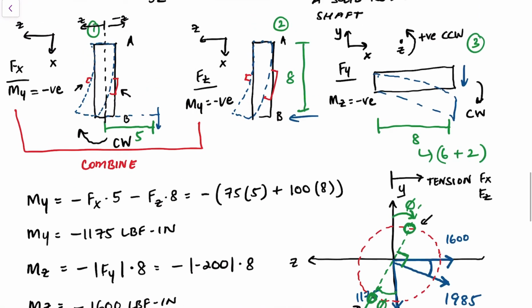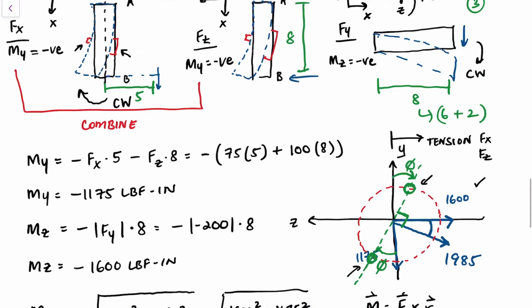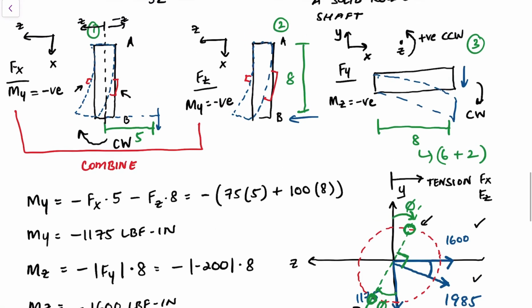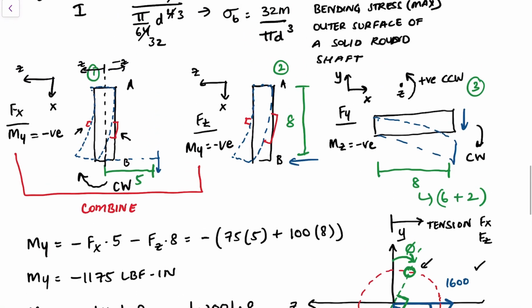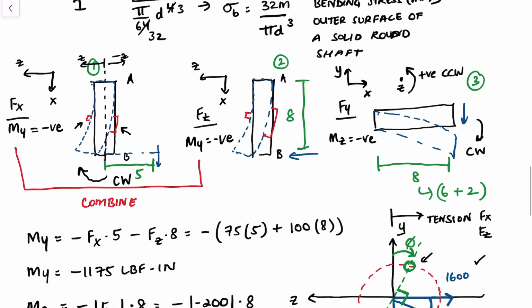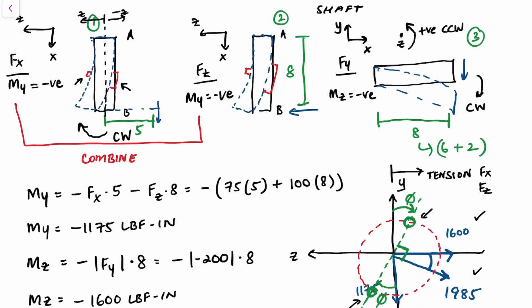And if we look at, so now we know it's going to be in either this quadrant or this quadrant. And if we look at the bending stress due to Fy, we have it pointing downwards, which means that in the negative y, we have everything in compression, and in the positive y, we have everything in tension.